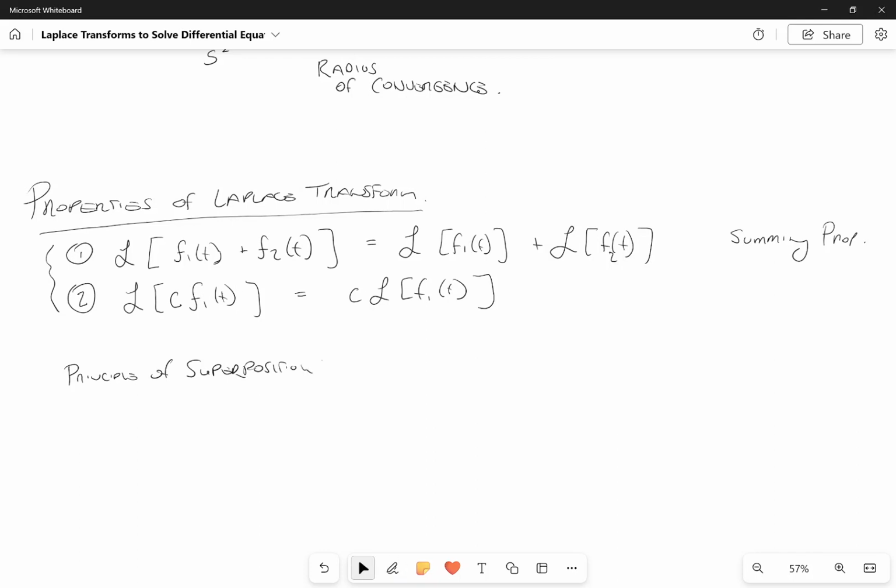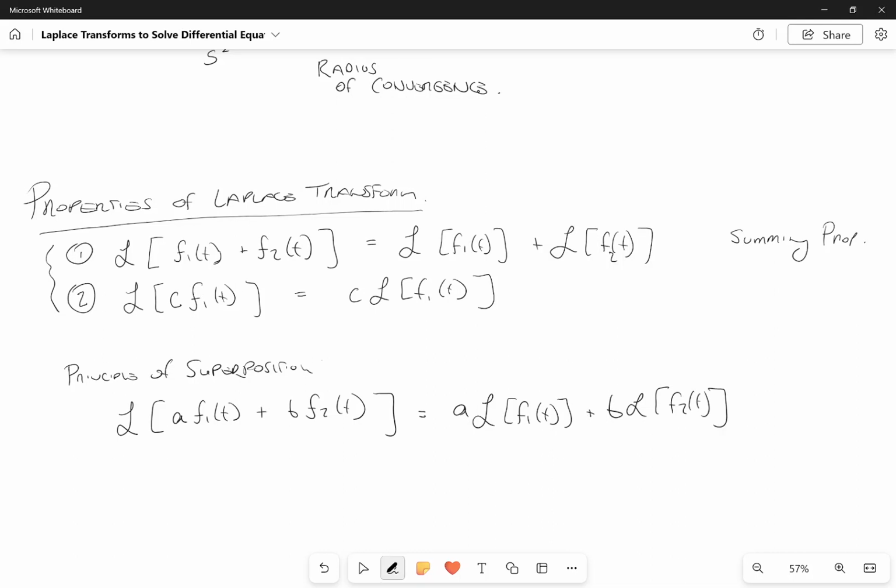You can bring them under one property and say that the Laplace of a times f1 of t plus b times f2 of t is equal to a times the Laplace of f1 of t plus b times the Laplace of f2 of t.